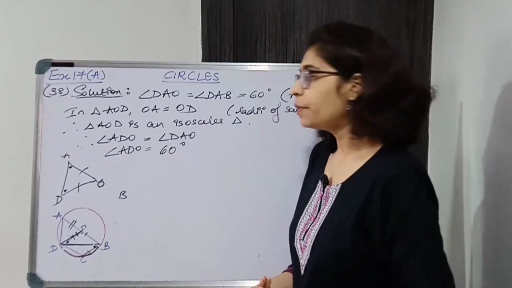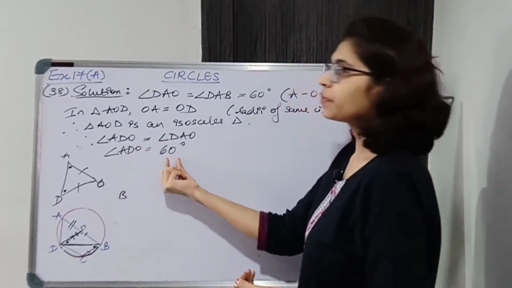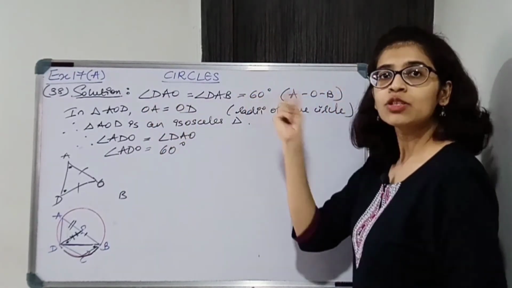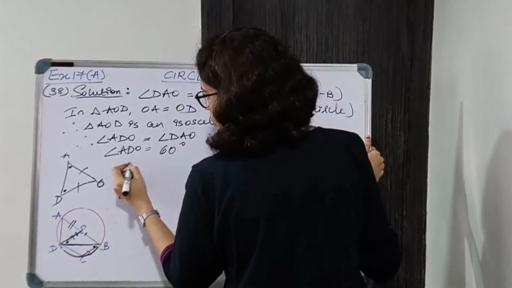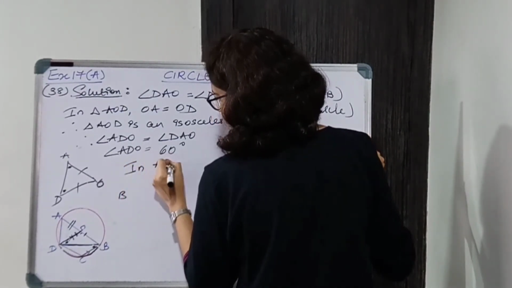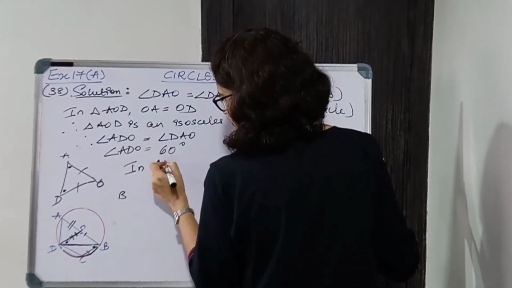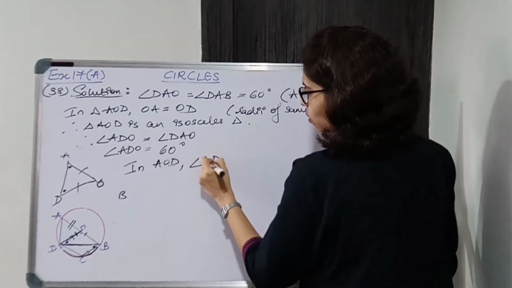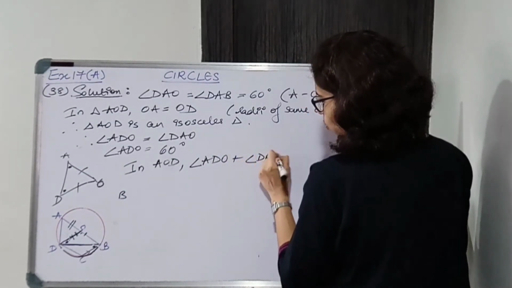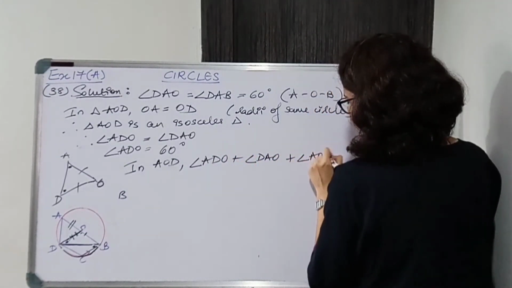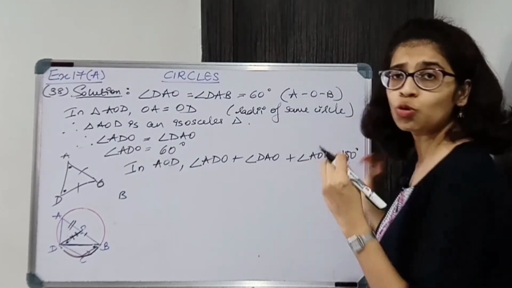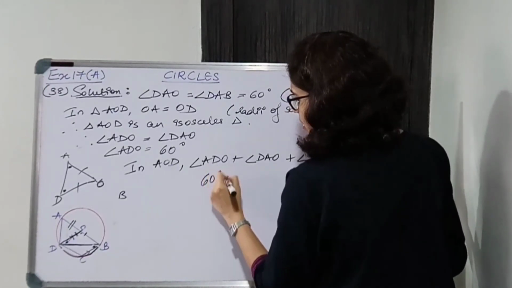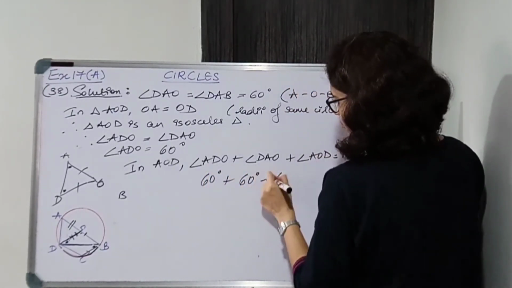Now we'll use SOMAT property. ठीक है, DAO मिल गया, ADO मिल गया. So now using SOMAT property, in triangle ADO or AOD, angle ADO plus angle DAO plus angle AOD is equal to 180 degrees. SOMAT property will write down sum of measures of angles of triangles is 180 degrees. This is 60. This is also 60.